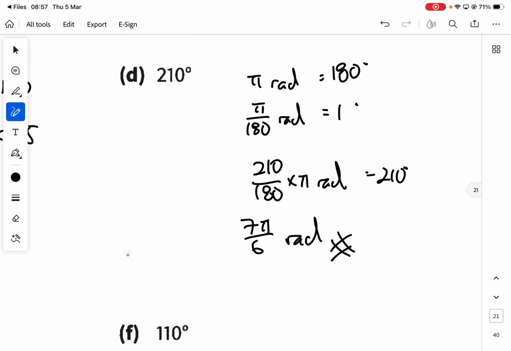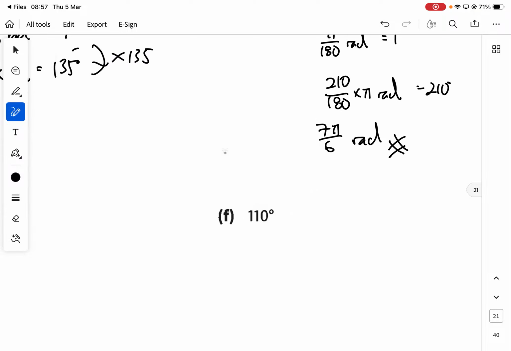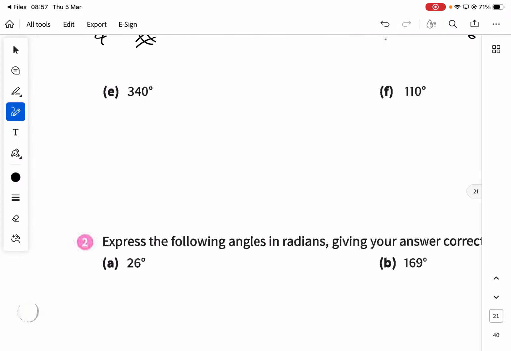Just 1.3 times 180 only, because pi is 180. Then key in the calculator. 234 in terms of degree. So 1.3 pi radian is the same as 234 degree.